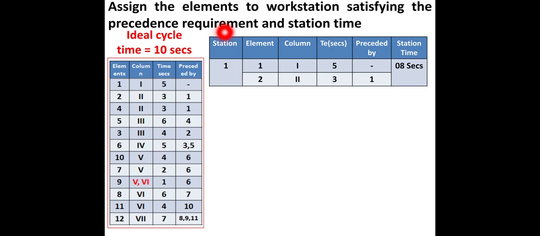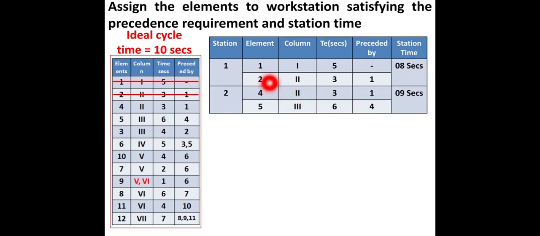Hence these elements cannot be assigned. So we need to move to assigning the elements to the next station. So station number 1 will have station time as 10 seconds. Once you assign the elements, make a habit of scratching them out in pencil so that you won't get confused in considering those elements again.